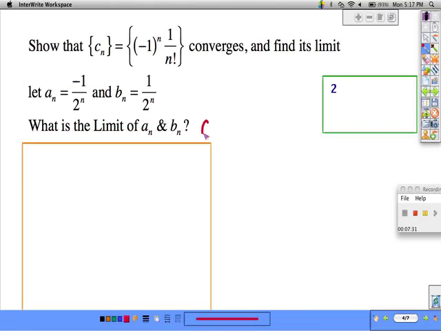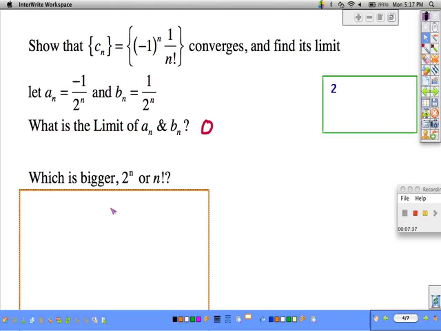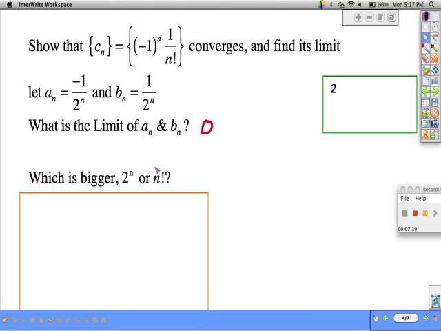The limit of both of those is 0. And if we look at the terms for this, we can draw a comparison and make a squeeze with our sequence c sub n.